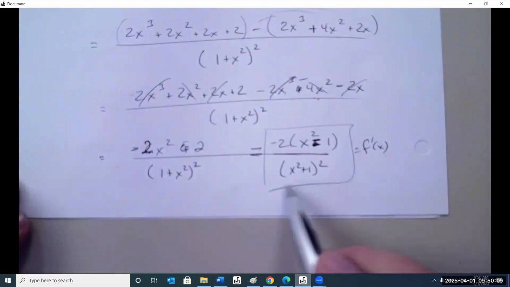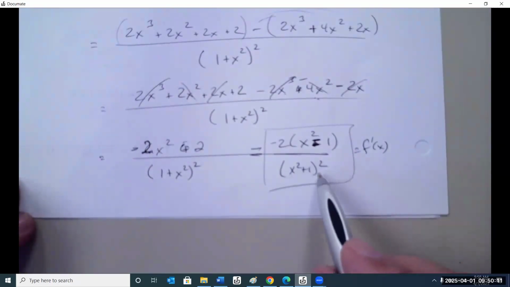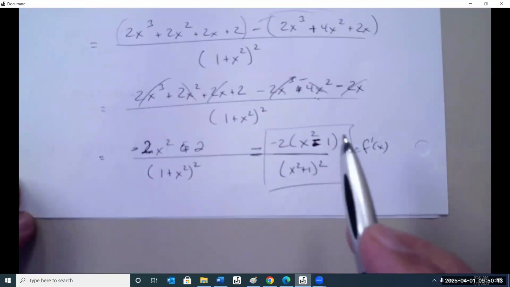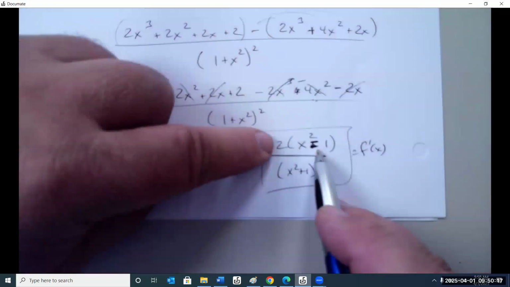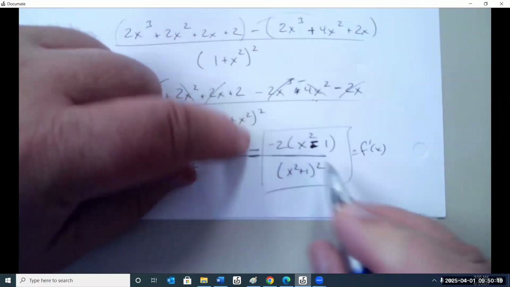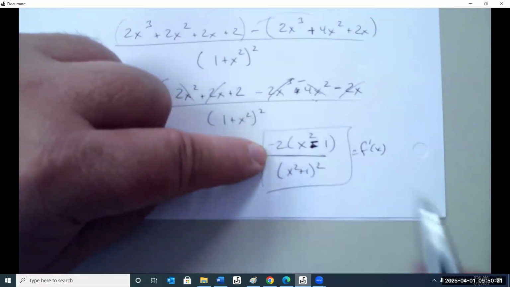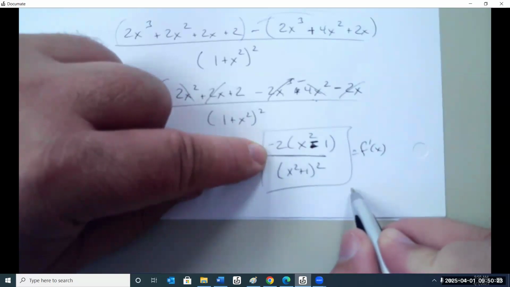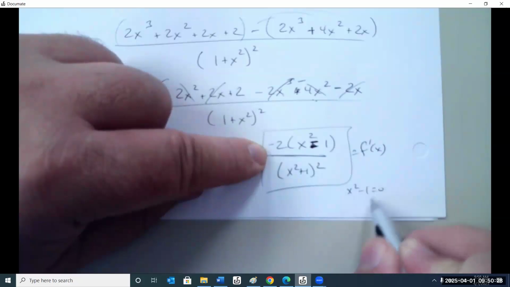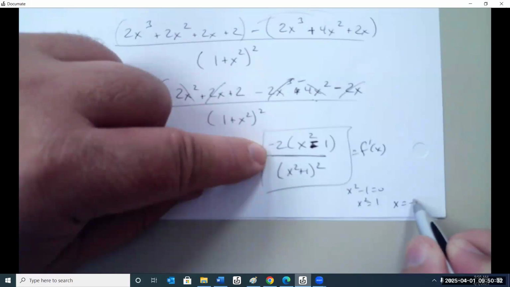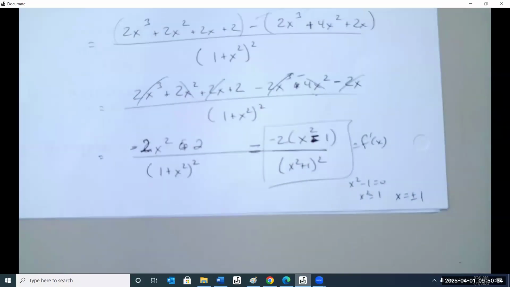All right. Again, the denominator can never be 0, so we have no asymptotes. The only way we can have a 0 is if the top is 0. So we have x squared minus 1 equals 0. So x squared equals 1. x equals plus or minus 1.